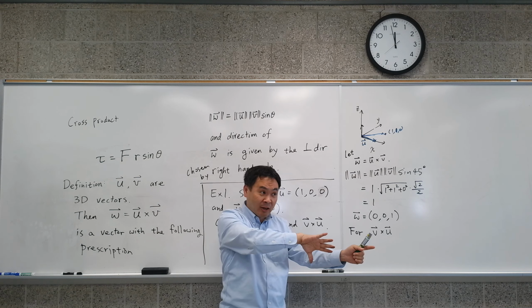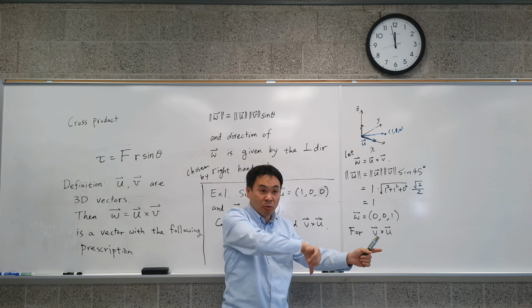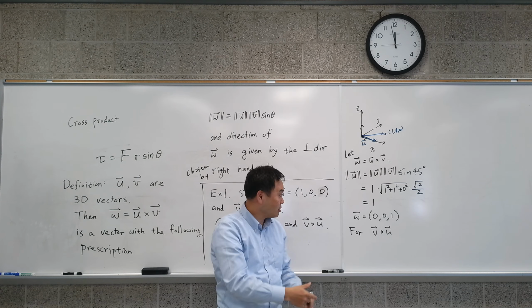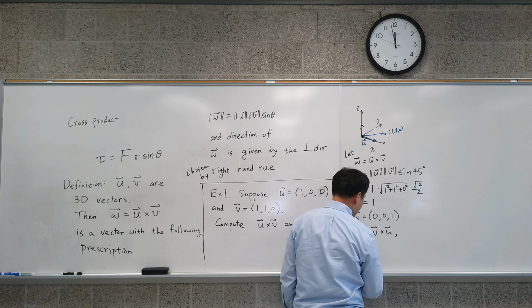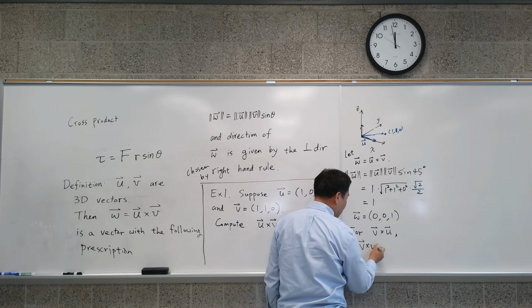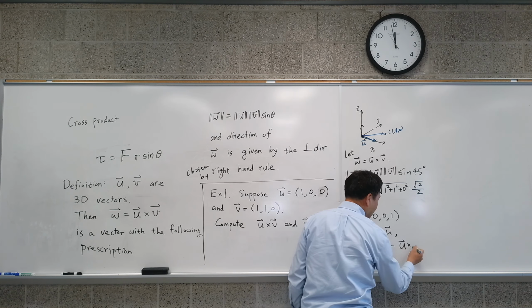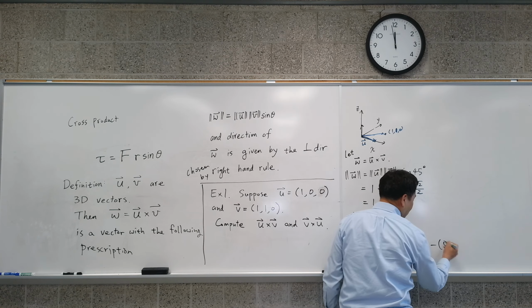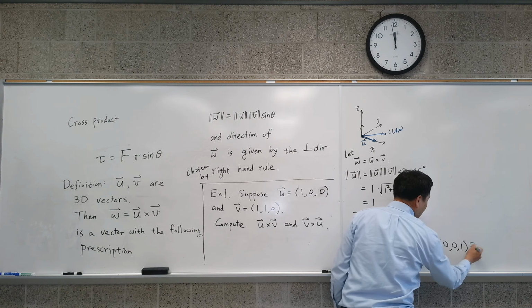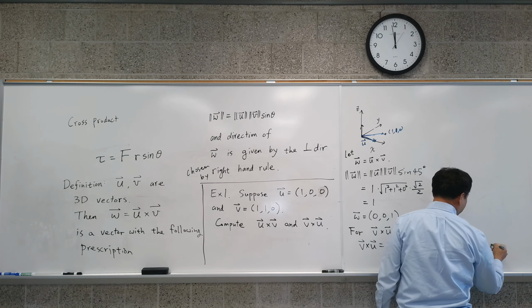You have to flip your hand this way and then wrap, and therefore, where's your thumb pointing? Downwards, right? So you see that v cross u is exactly the negative of u cross v, which is the negative of 0, 0, 1, which is 0, 0, negative 1.